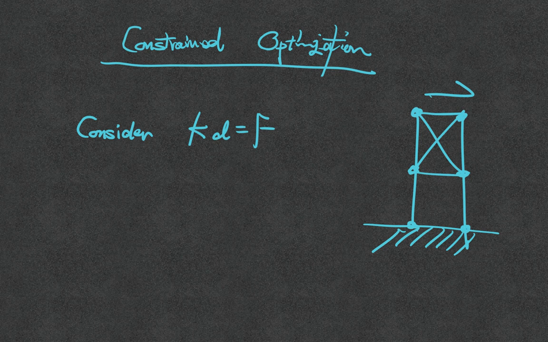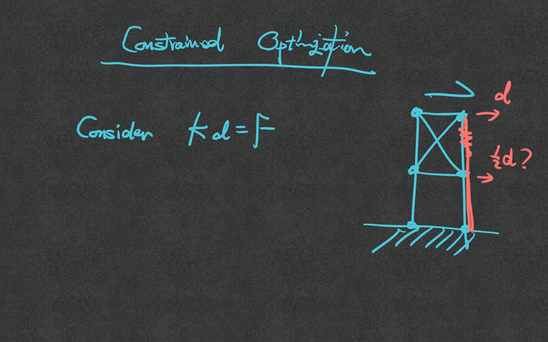Now, this does not necessarily have any constraint, but maybe I put a spring there, so that if this one moves D, this one would move half of D, for example. That would be an additional constraint.